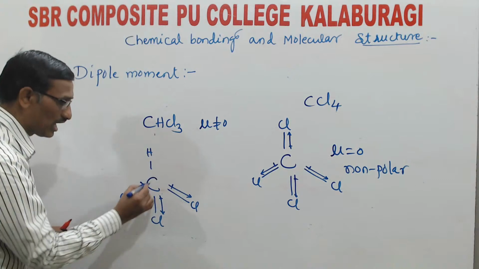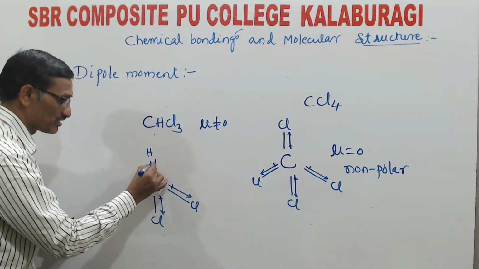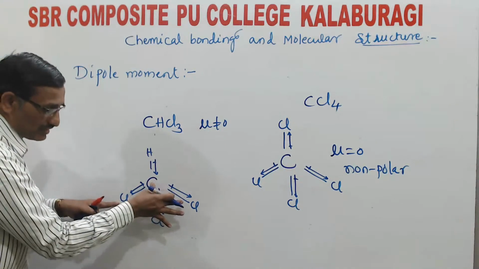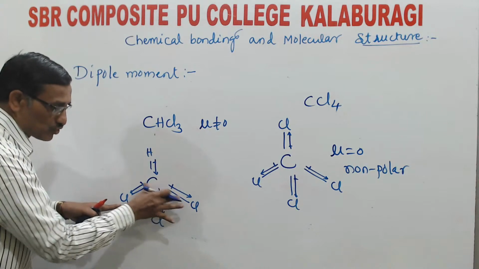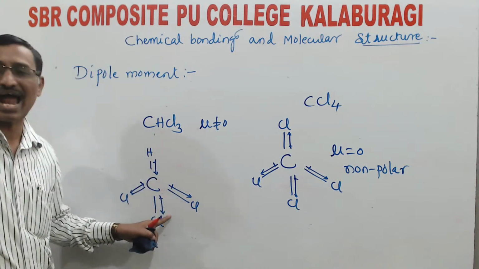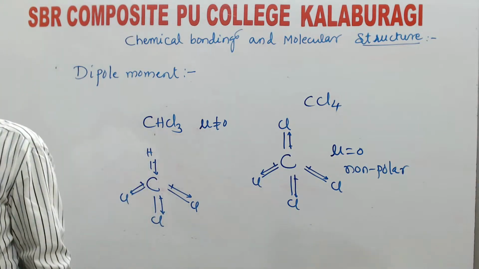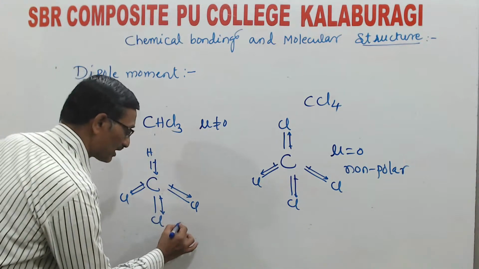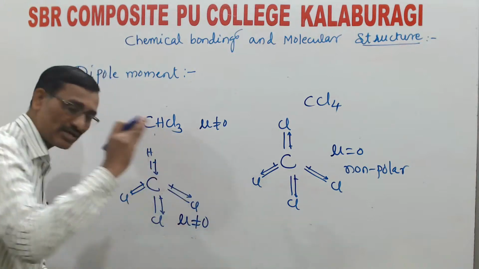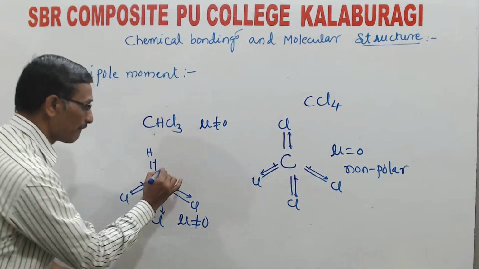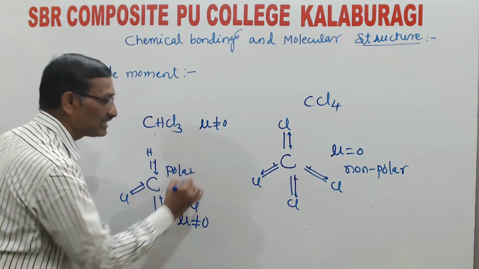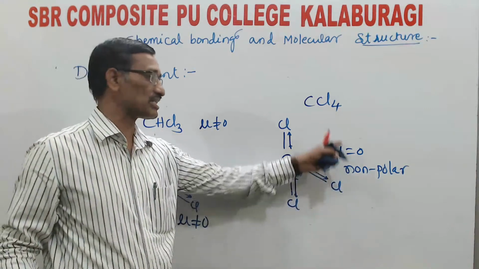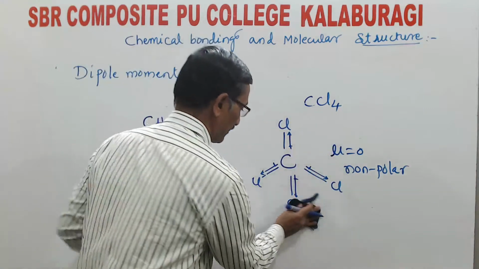In this case, the C-Cl bond dipoles get partly cancelled and the remainder is added. Therefore, it has a dipole moment value, not equal to 0. Hence, it is polar in nature. This one, on the other hand, is non-polar because of its symmetrical arrangement.